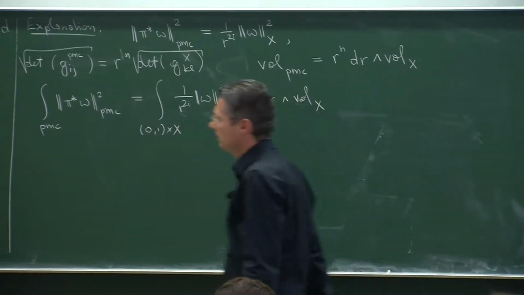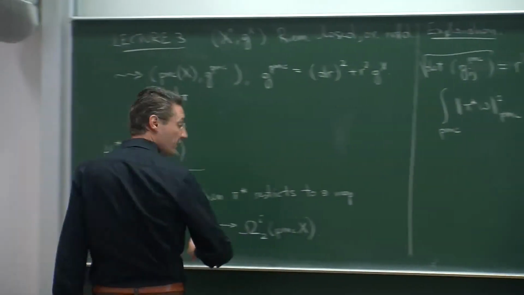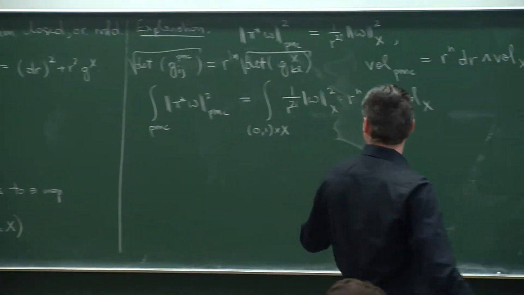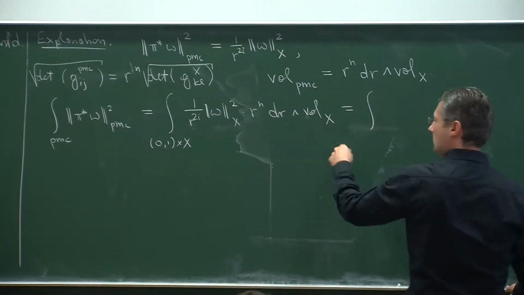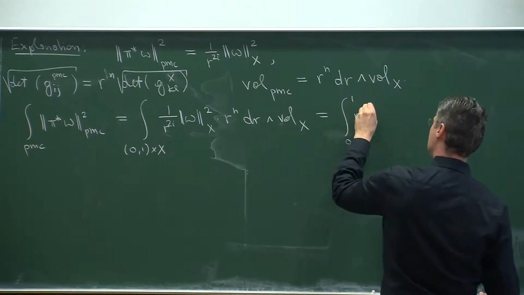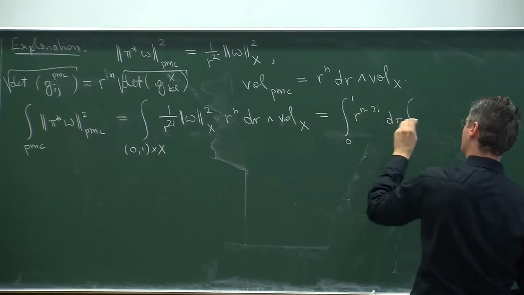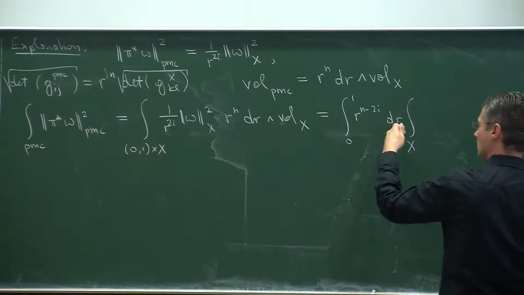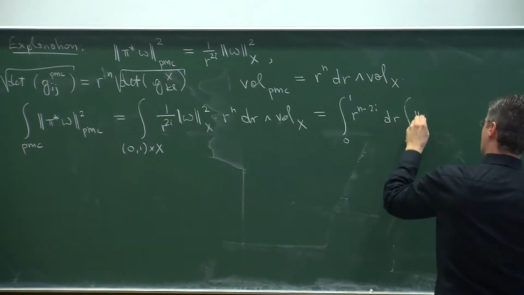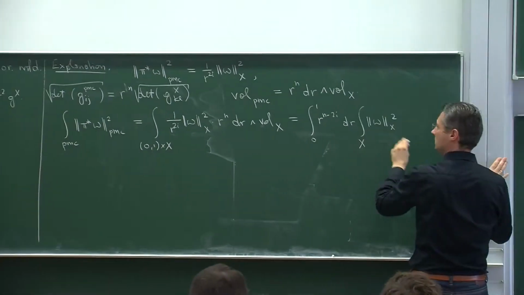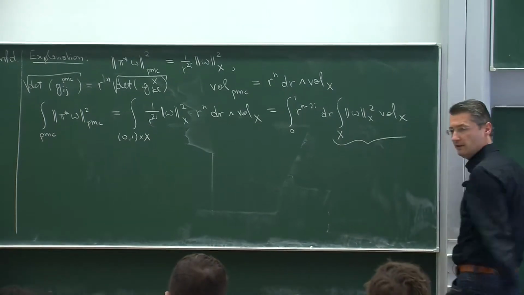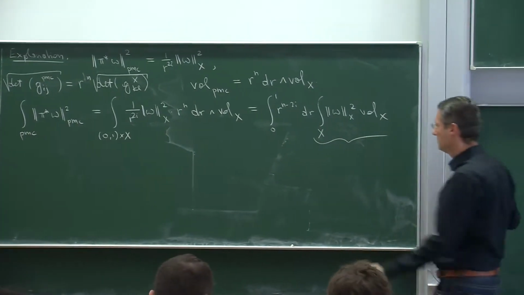But since omega, of course, is a form on X, it doesn't depend on r at all. So I can separate out these integrals into an integral with respect to r, and then times an integral over X, like this. But I know, of course, that this is finite because X is compact, right?